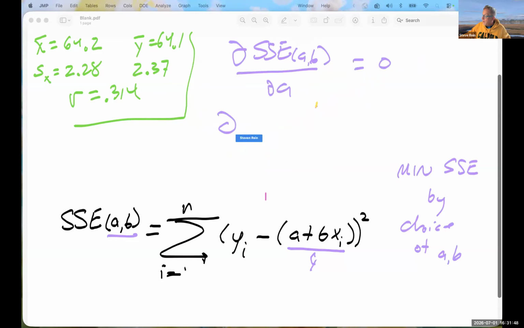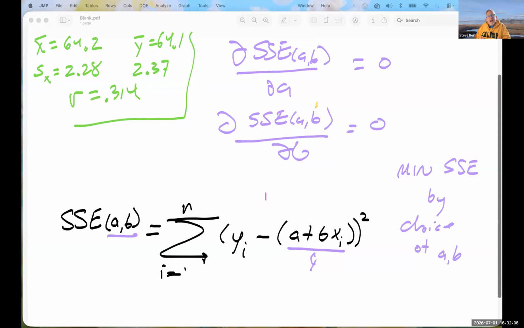Take the partial derivative of SSE, which again is a function of both A and B, relative to B, also set that to 0. So we're finding the place where, in theory, we should have something maximized or minimized.